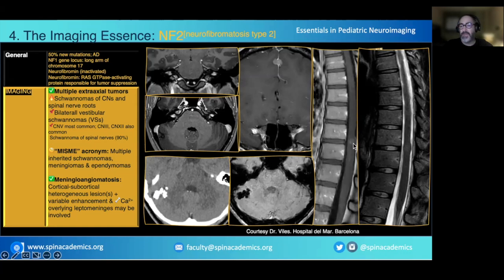And you can see here also an ependymoma in the distal dorsal lumbar spinal cord, which is also very typical of NF2.